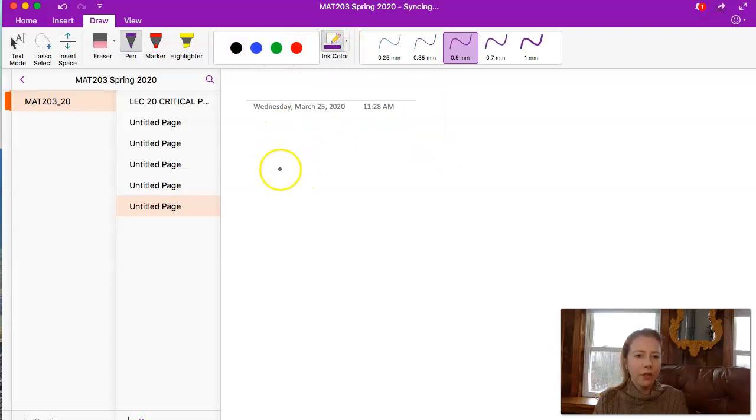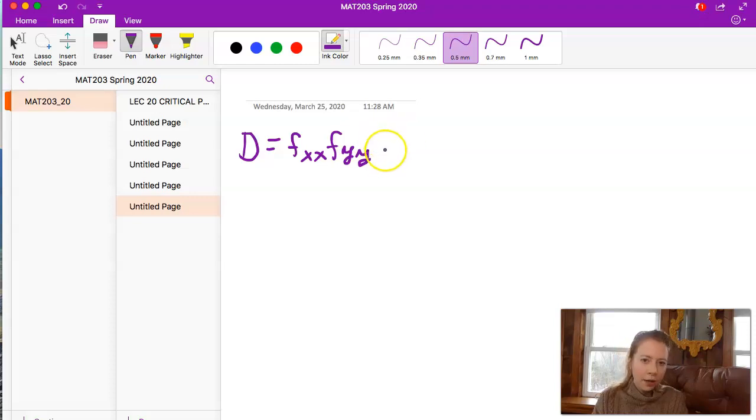Okay, so for our test, remember it was D is equal to the second order with respect to x times the second order with respect to y minus the mixed second order squared. Okay, so that means we need to take our second order partial derivatives now.